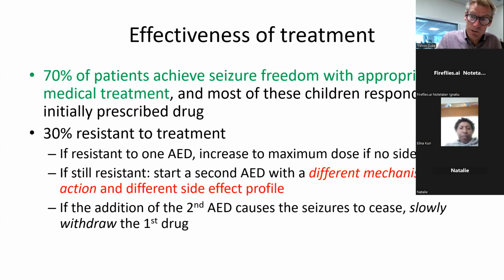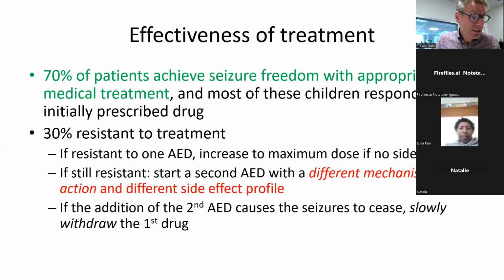Just keep slowly increasing the dose until you reach the maximum dose, as long as there's no side effects. If they're still resistant, then I tend to start a second anti-epileptic drug with a different mechanism of action and a different side effect profile. That's why I said it's of some importance to know what the mechanisms of action are. So you're choosing one that's got a different mechanism of action to complement the first one.